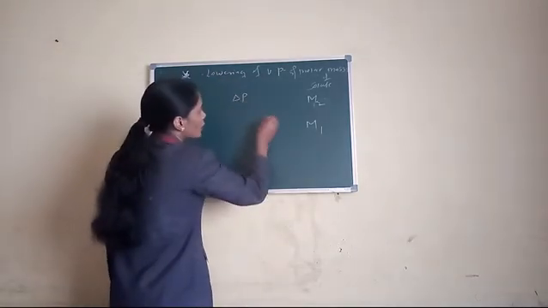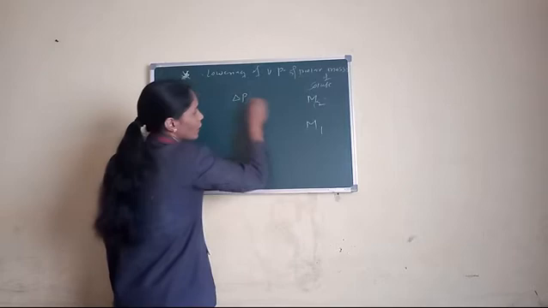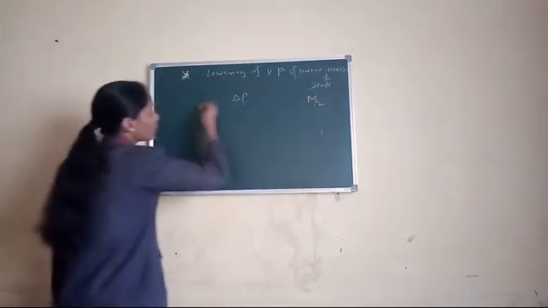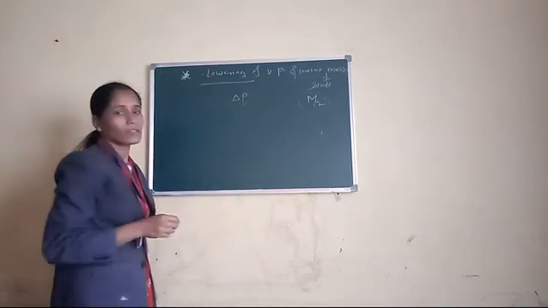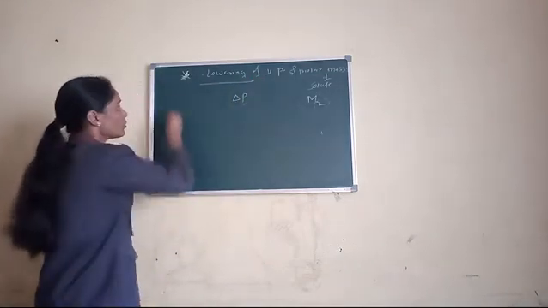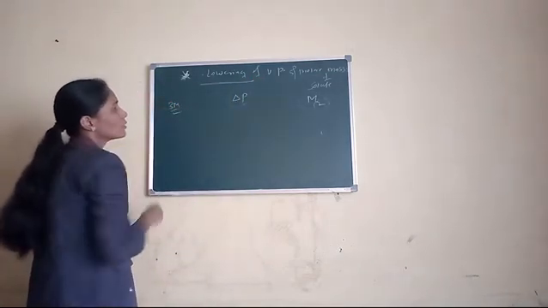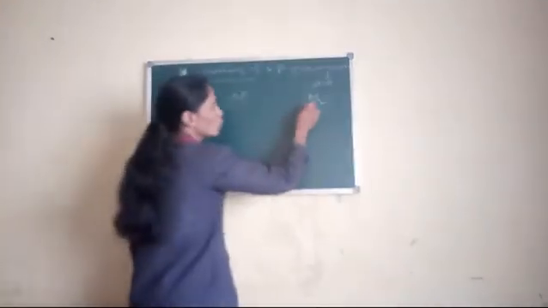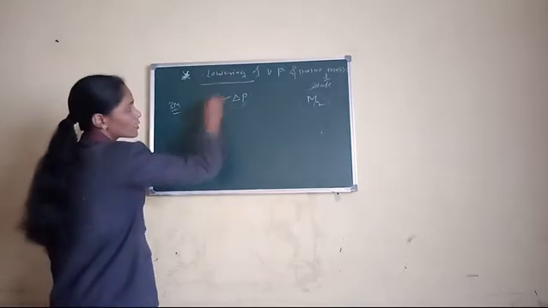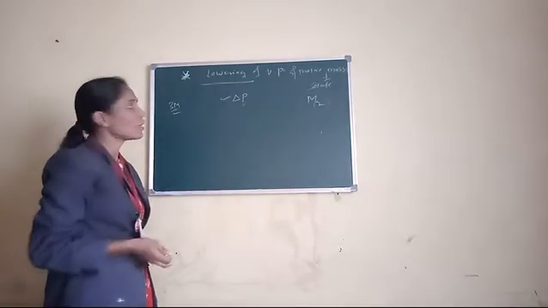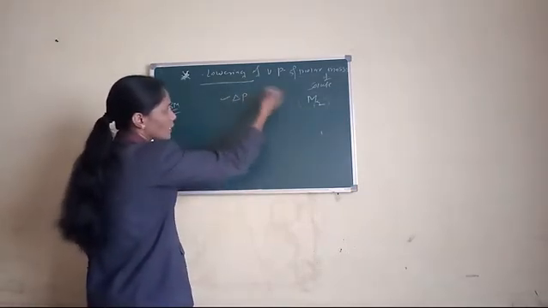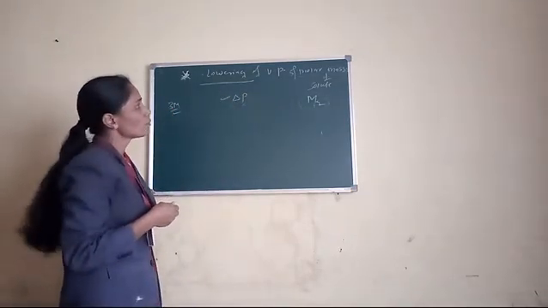We derive the formula for delta P and M2. On this topic, a numerical is asked in the board exam for 3 marks: find the molar mass of solute, M2. The given quantities are delta P, that is P1 naught minus P, and X2, the mole fraction of solute.